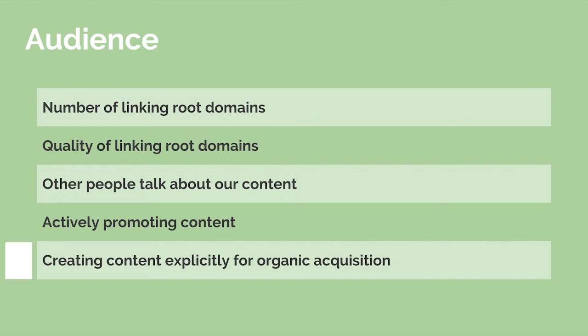And then finally, we're going to do a somewhat subjective review of whether we're creating content explicitly for organic acquisition. This means we're not just being self-promotional all the time. We want to create content that's uniquely shareable and interesting to our audiences. As a result, we're going to need to see whether our content really meets that need.